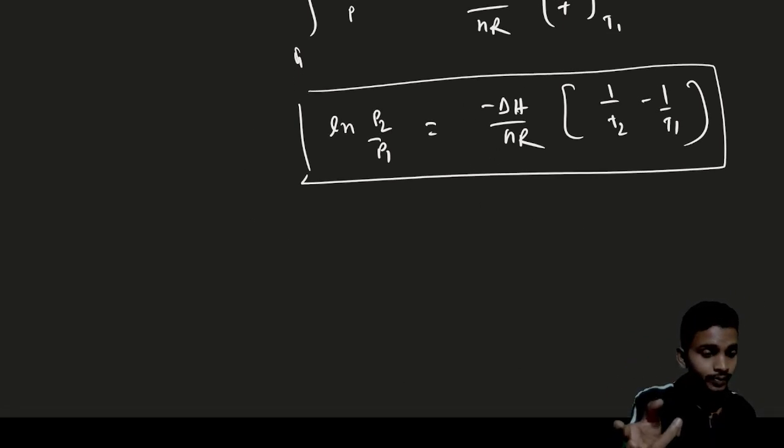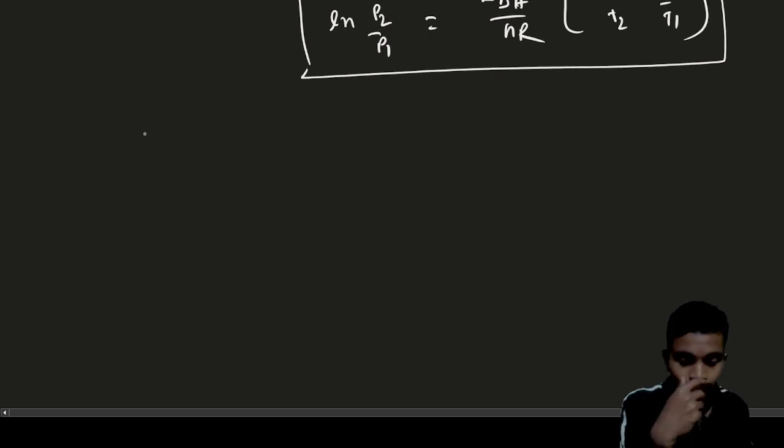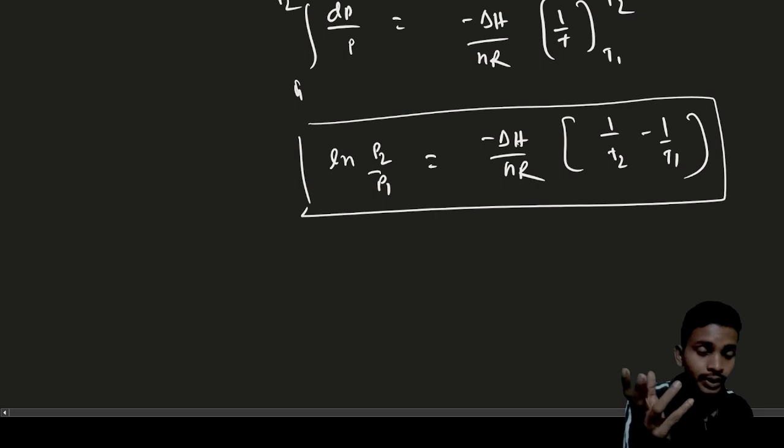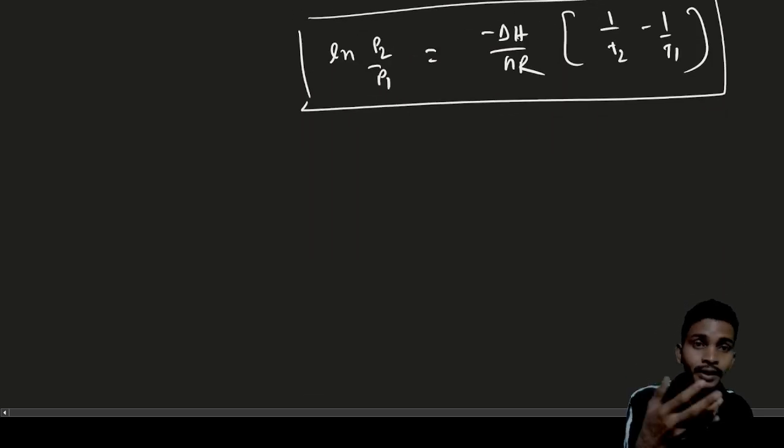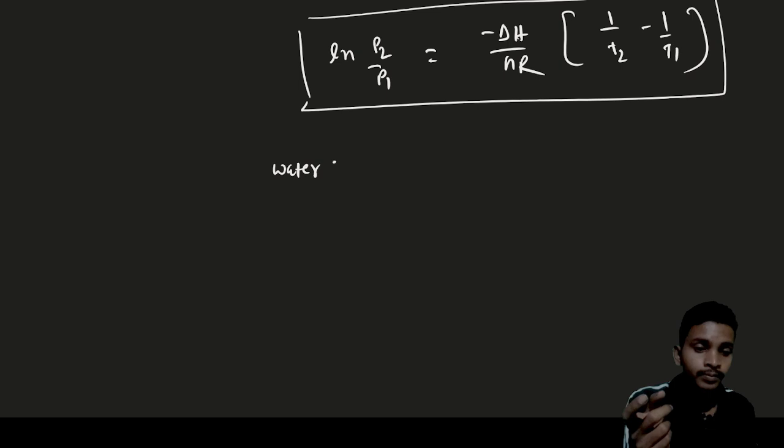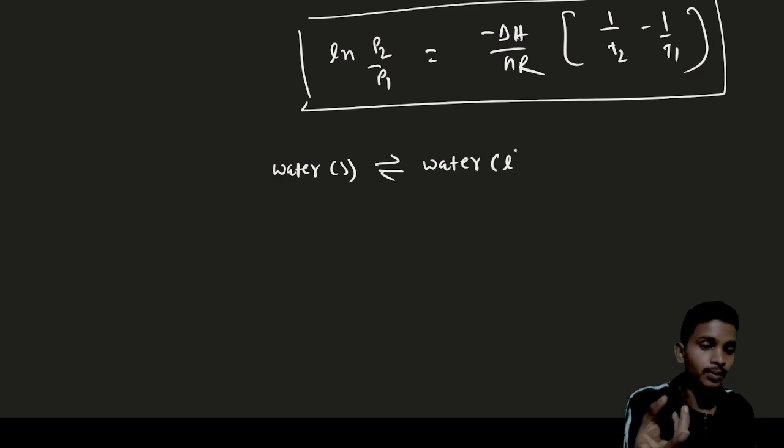So how do you use these Clapeyron equations in our phase transitions? We already discussed components, what is a phase, and how to find the degrees of freedom. So let's say water in solid form is undergoing a phase transformation to water in liquid form.